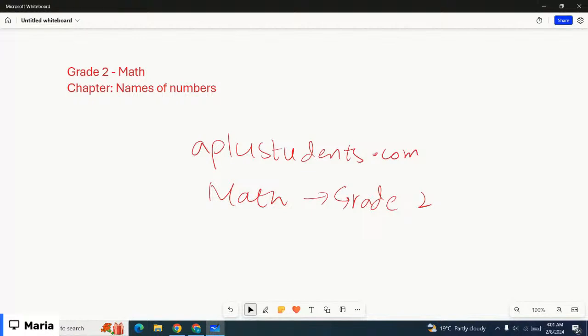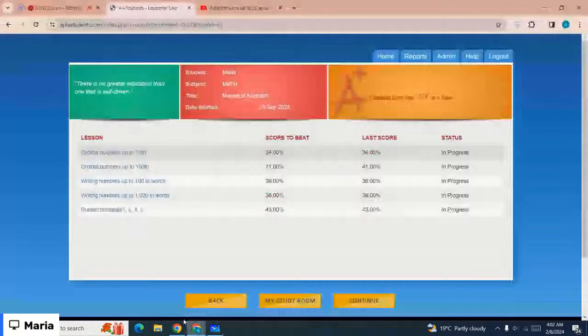Please make sure you have your notebook and pencil so that you can note down the important examples and definitions as well. So let's start with the lesson names of numbers. Here I'm on grade 2 math.